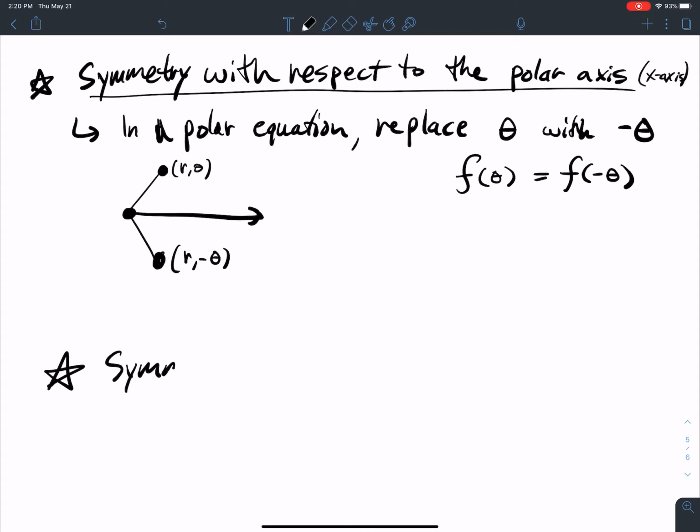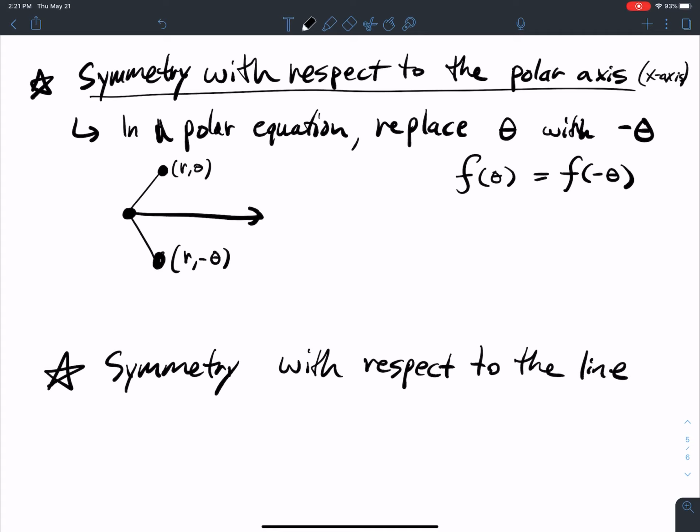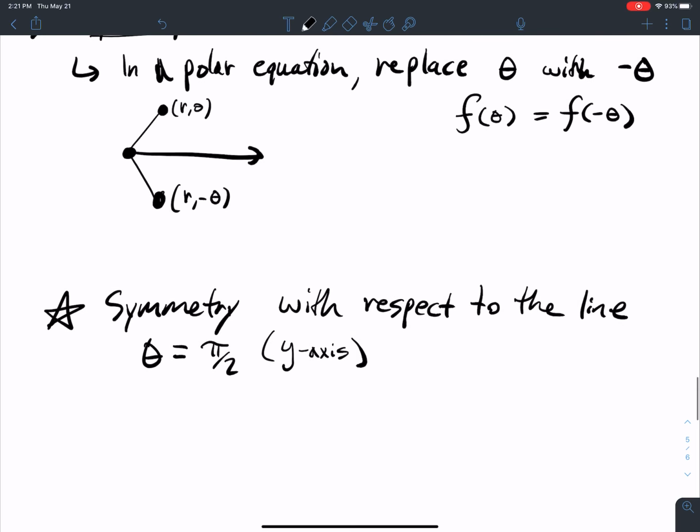Symmetry with respect to the line theta equals pi over 2. This is y-axis symmetry. So how does this work?